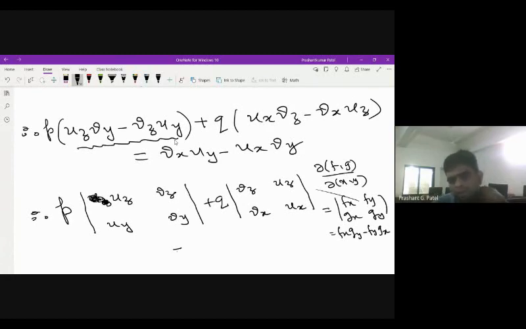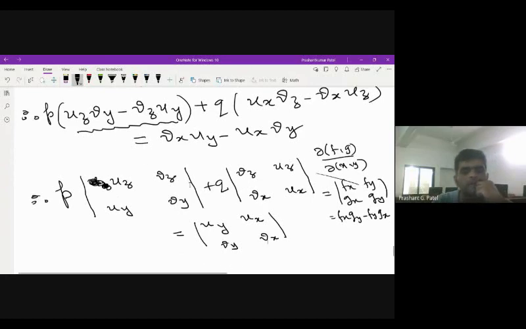Okay, and is equal to, on the other side, that quantity we can write as uy, and here I may write vx. Here if I can write ux, this is vy.